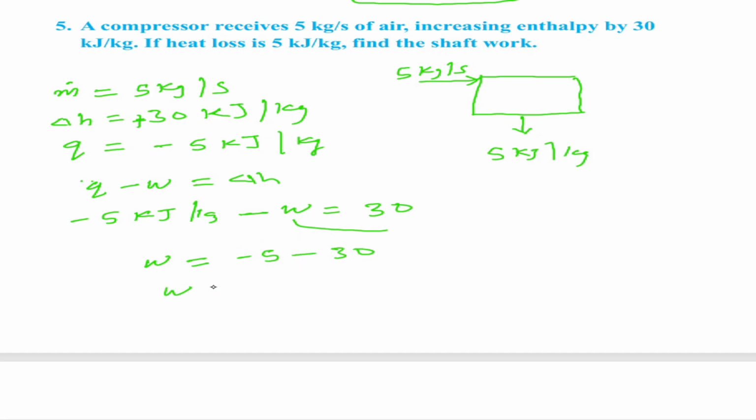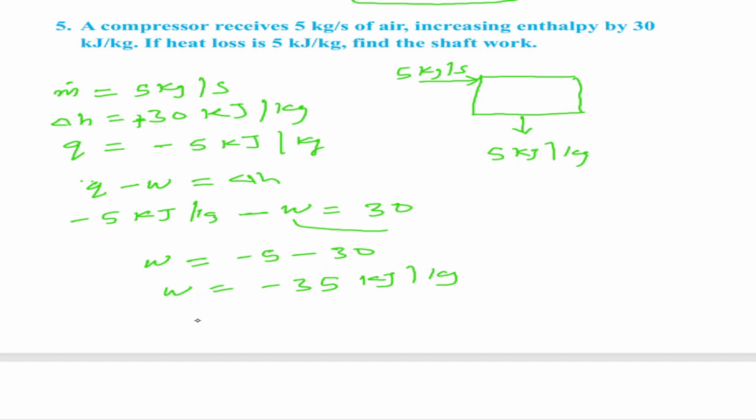So W equals minus 35, and the unit is kilojoule per kg, because Q is in kilojoule per kg and delta H is also in kilojoule per kg. So the answer is in kilojoule per kg.